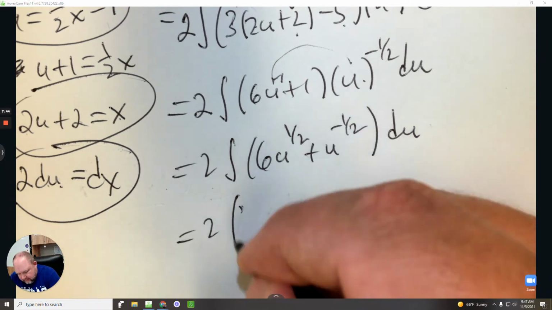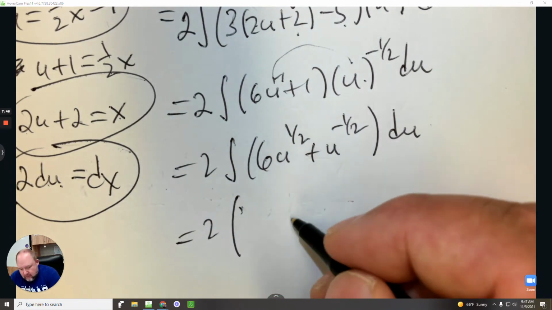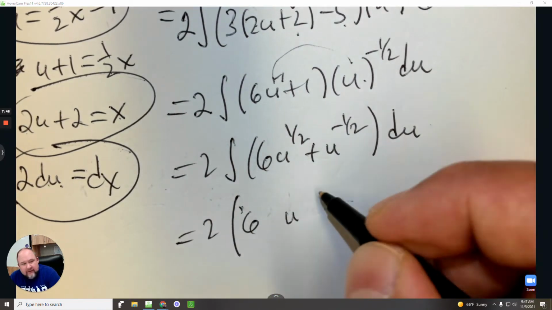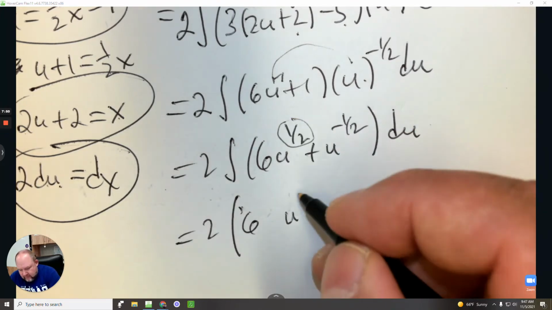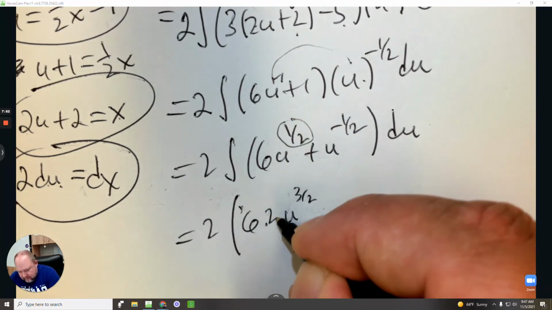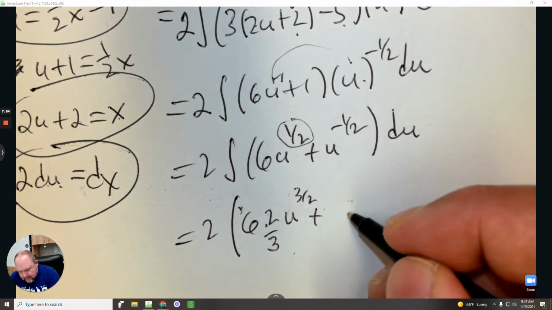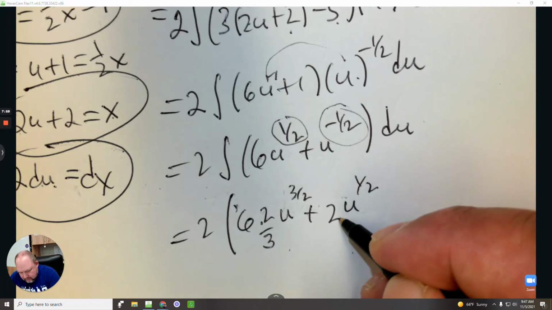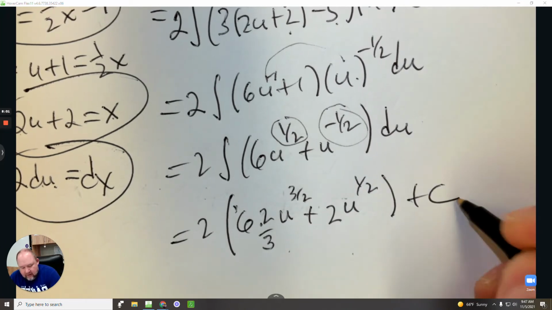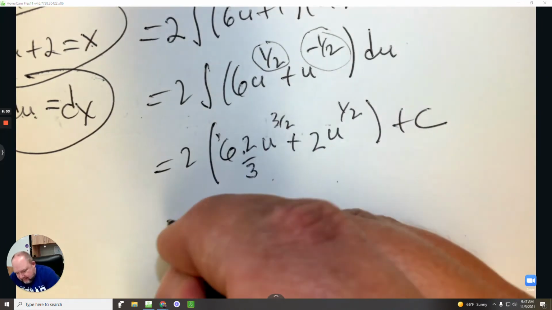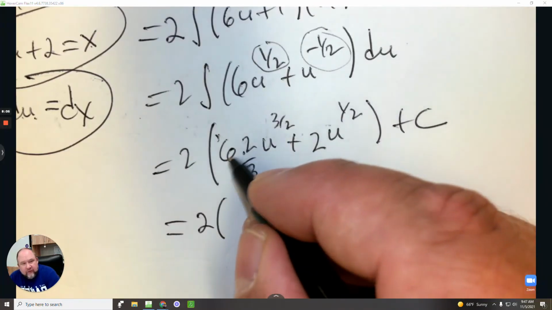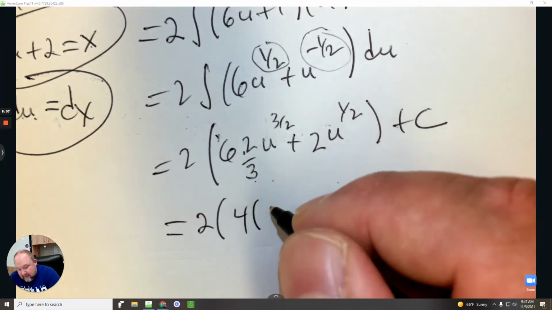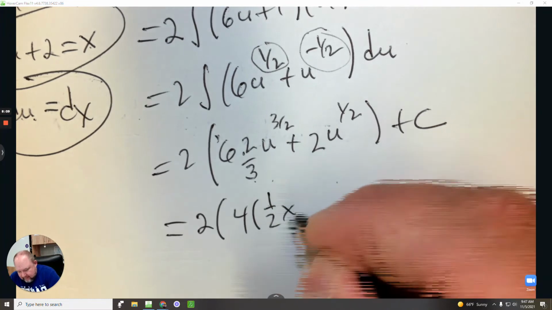Oops, I almost did integration sign. So we have 6. I'm going to leave a space. Add 1, that's 3 over 2. Instead of dividing, I'm going to multiply by the reciprocal. I'm going to leave a little space. Add 1, that's positive 1/2, divide or multiply by the reciprocal, and then the constant. And then the last step, this is 12 divided by 3, so that's 4. Put in what u equals, which is 1/2 x minus 1.